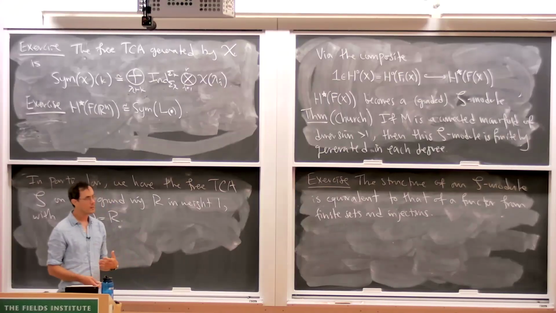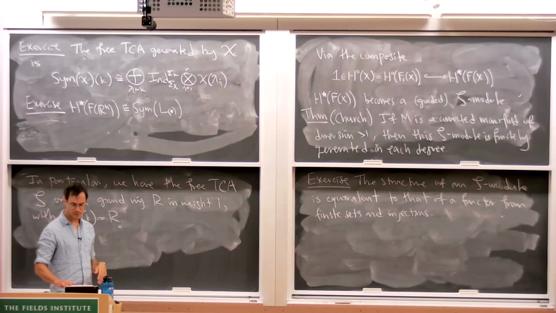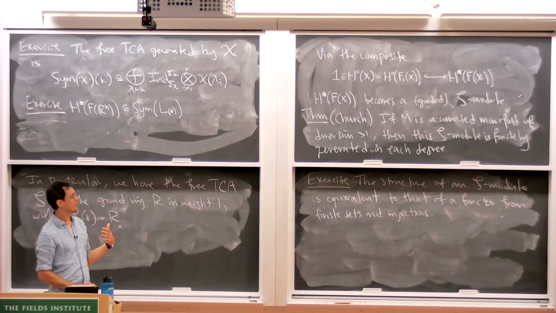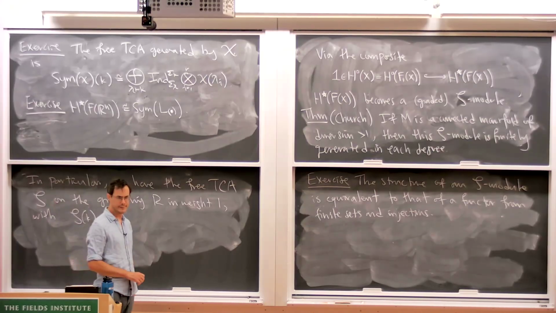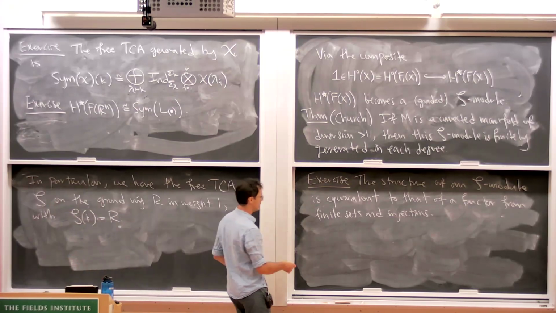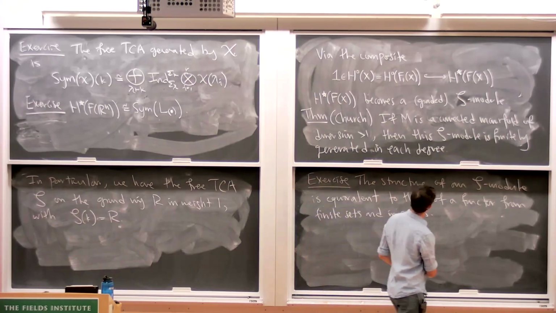What I'd like to do, hopefully I will have the time, is tell you about how this constrains the asymptotics, and then sketch a proof of the finite generation result, and then we'll probably be done for the day. So I guess I'll go to a clean board.